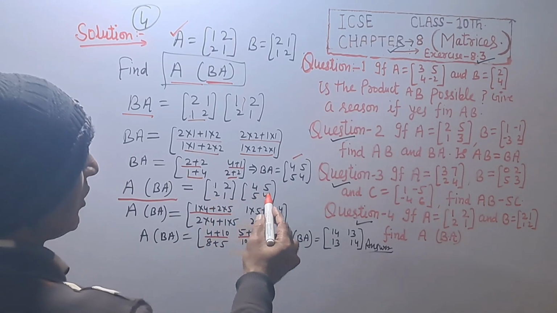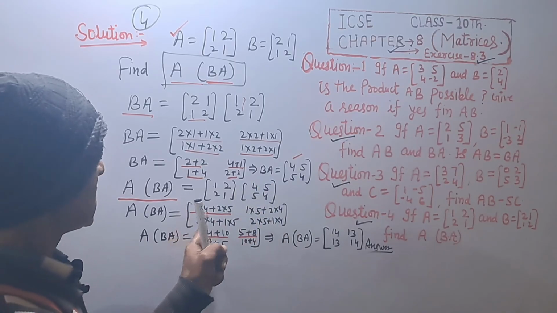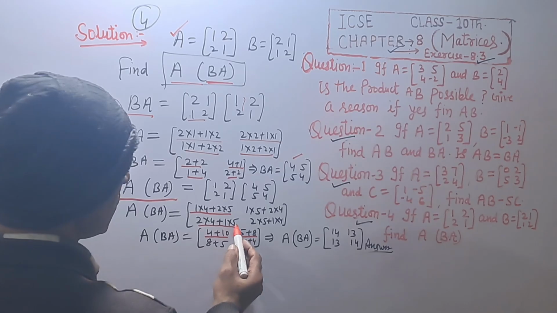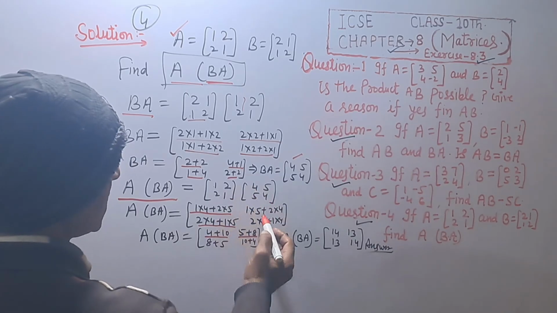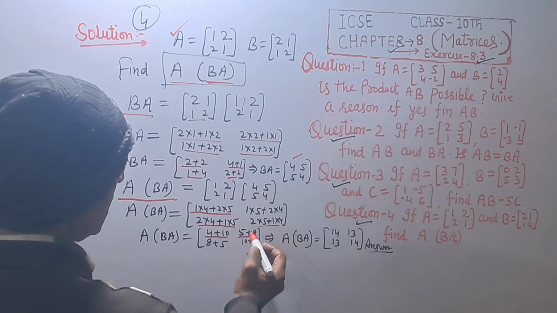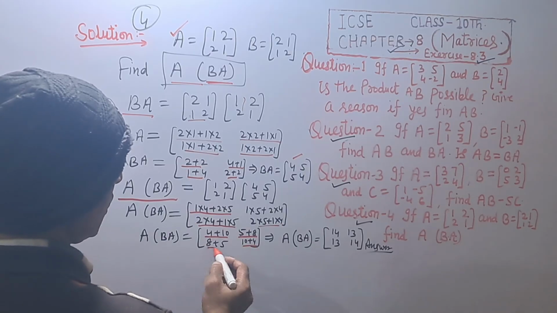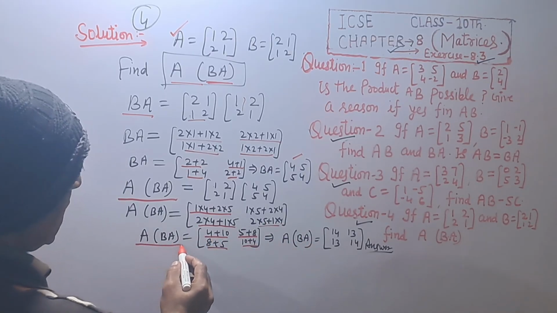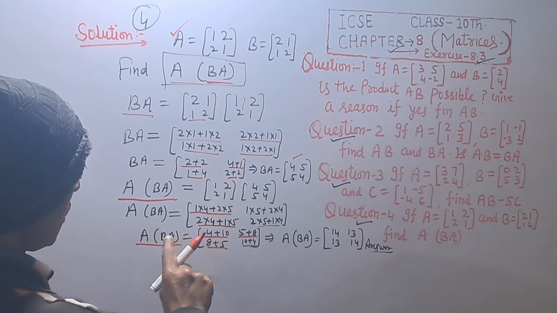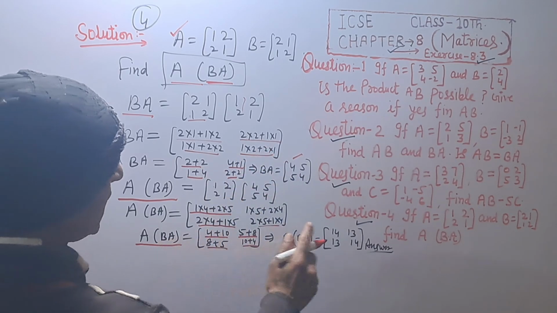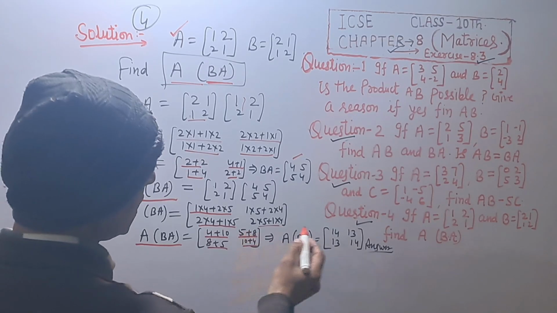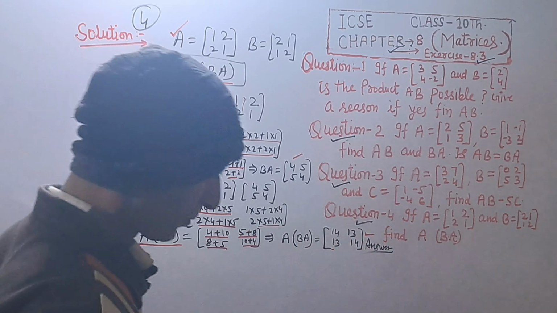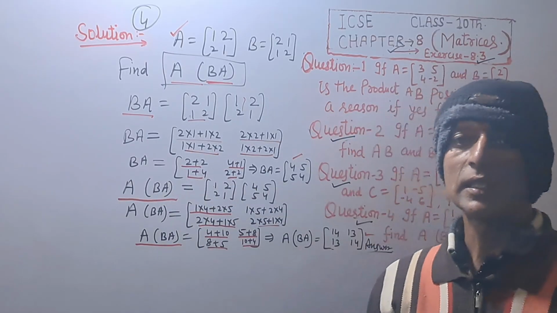And then second row multiply by first column, second row multiply by second column. That is 4 ones are 4 plus 5, 2 5s are 10 plus 4 ones are 4. That is 10 plus 4 is 14, 8 plus 5 is 13. So we get A into product of BA, that is 14, 13, 13, 14. Answer. Thank you.